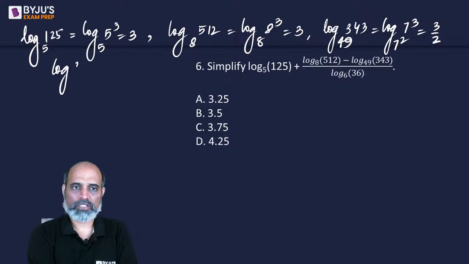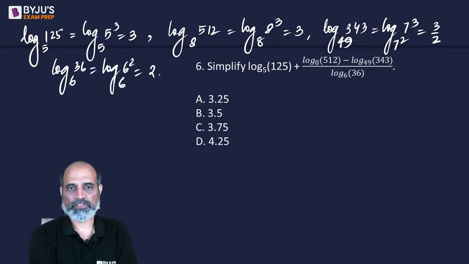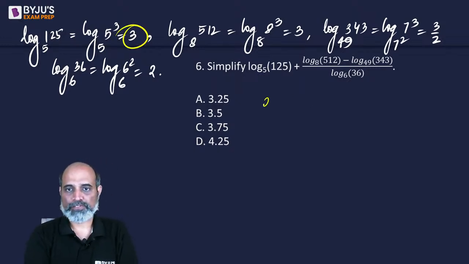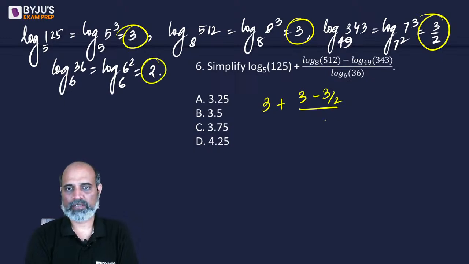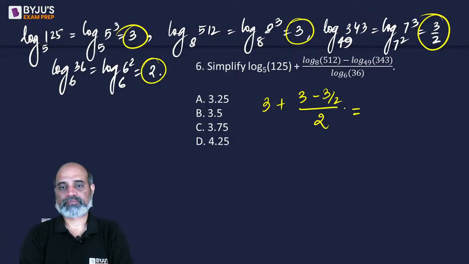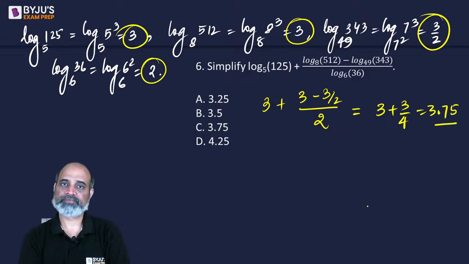And log 36 to the base 6 can be written as log 6 squared to the base 6, which will give us 2. So if we put in these values, we will have 3 plus (3 minus 3 by 2) whole divided by 2. So this is 3 plus 3 by 4, which is 3.75. 3 minus 3 by 2 is 3 by 2. 3 by 2 whole divided by 2 is 3 by 4.